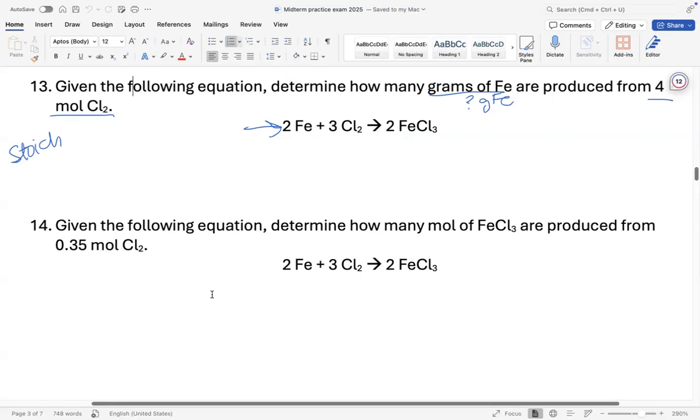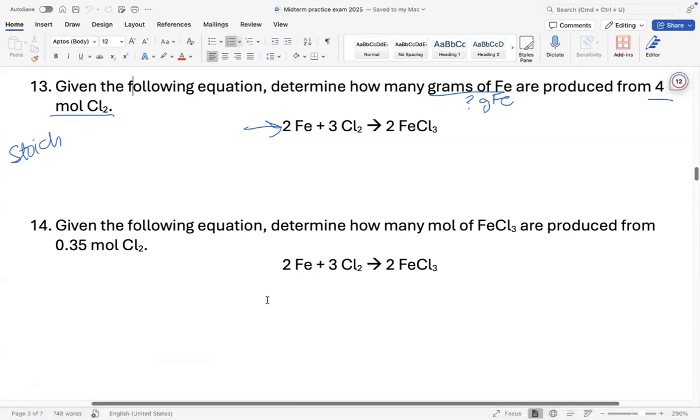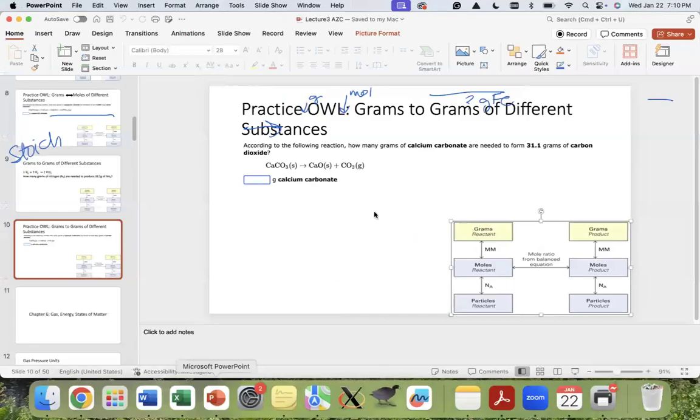All right. So when I do that, I have to refer to that map. We're starting in moles of this guy, and we're trying to get to grams of this guy. We can only switch substances when we're in moles.